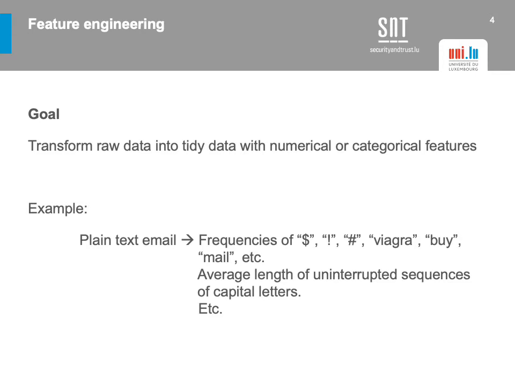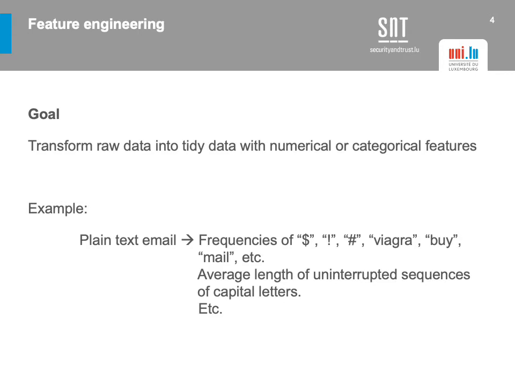So if I take the example of the email, well, we may make a first step. The first step may be to prepare our formatted HTML to transform it into a plain text email, so without any formatting, and by keeping only the content of the email.